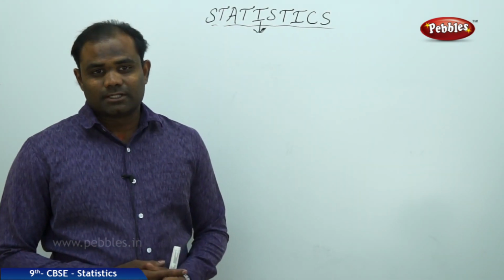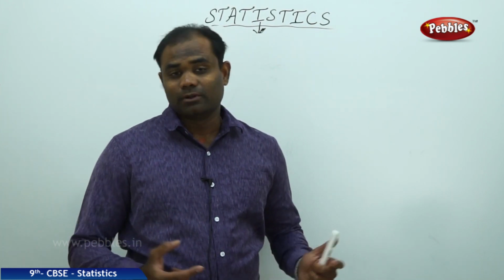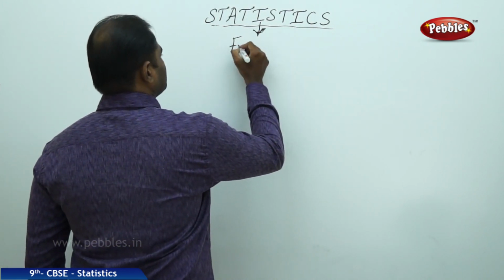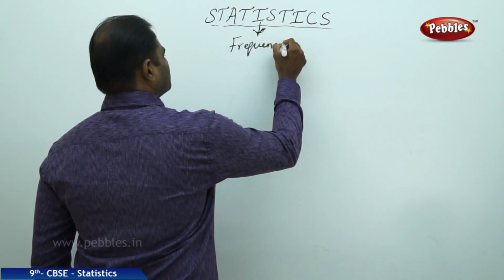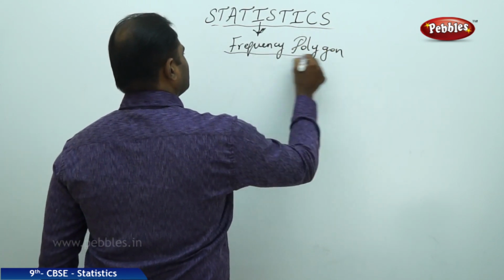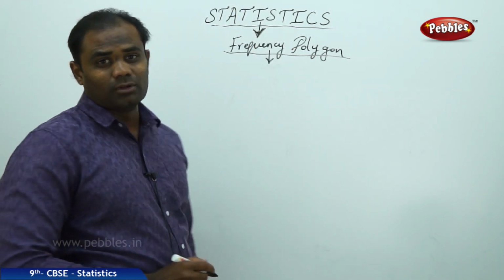Now that we have discussed the two graphical representations, now comes the third and final graphical representation of data, called the frequency polygon. What is a frequency polygon?